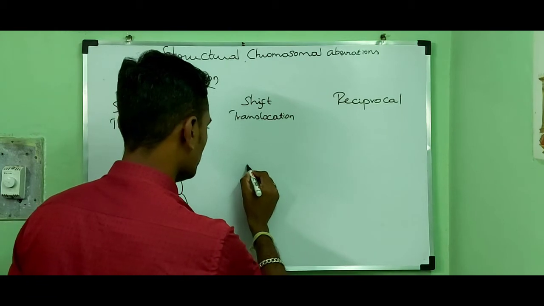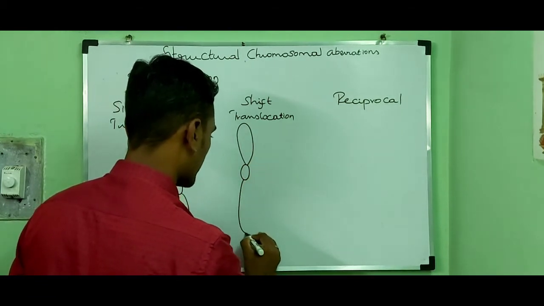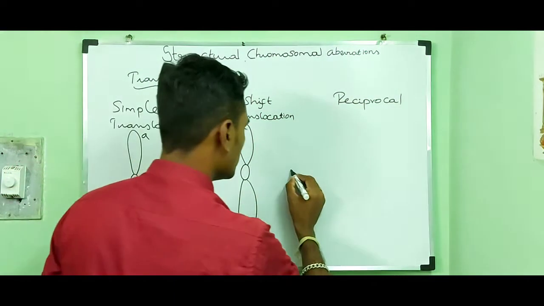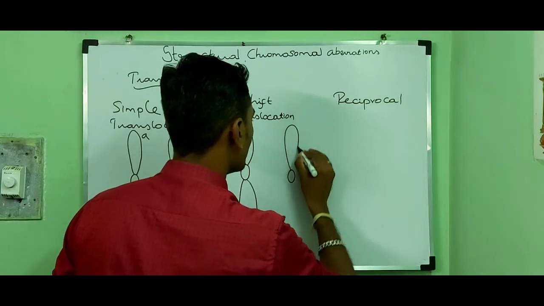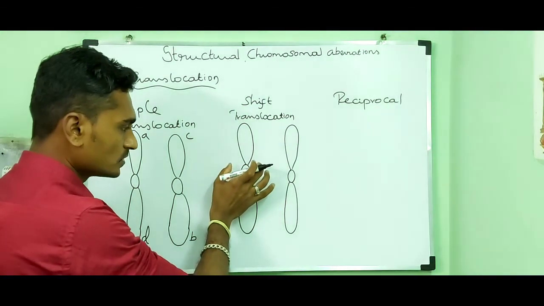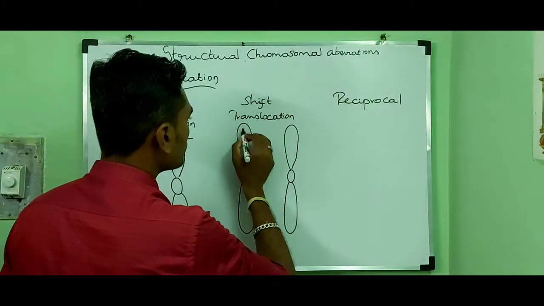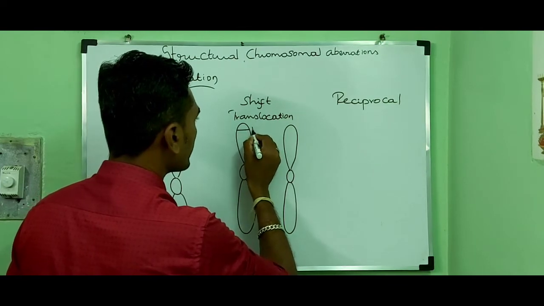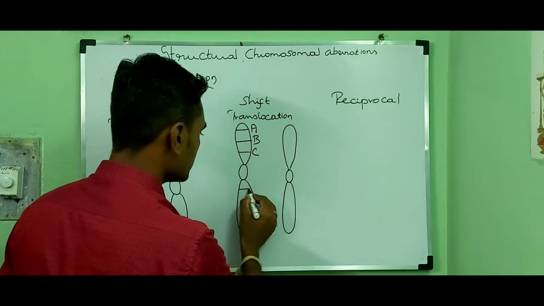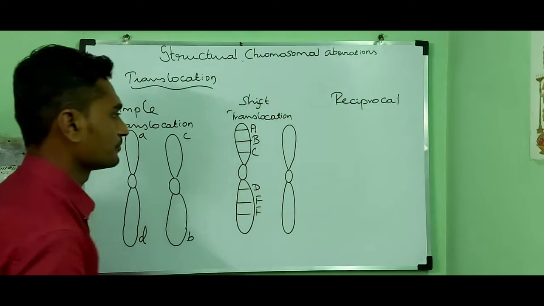For example, this is a chromosome and this is a non-homologous chromosome to it. Then we have capital A, capital B, capital C, and then capital D, capital E.